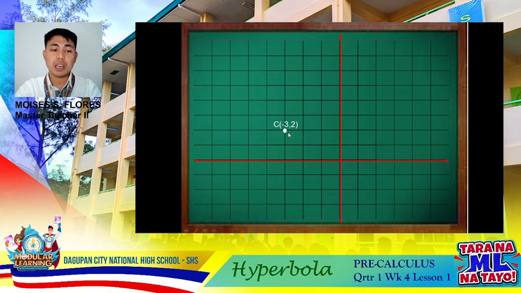So 4 units upward. So 1, 2, 3, 4. There you have our first vertex, and of course its label and coordinates. Of course, from the center, 4 units downward. There you have it, and of course its label, which is negative 3 and negative 2.